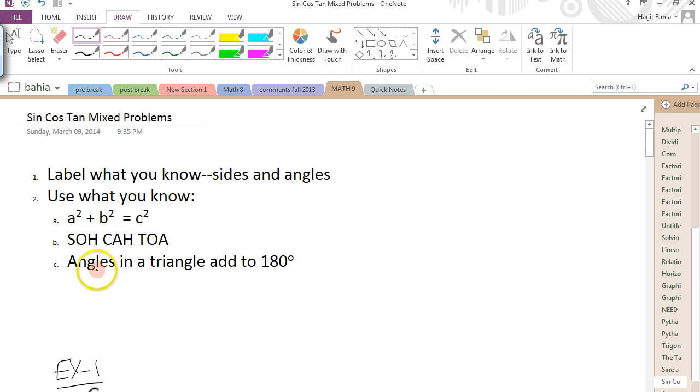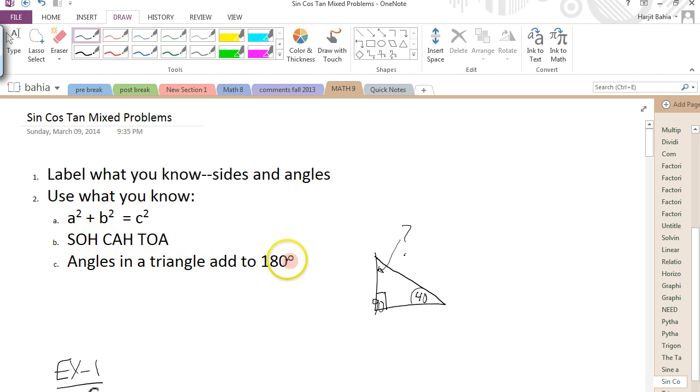It's the simple matter that the angles in a triangle add to 180 degrees. So, for example, if you've got a right angle triangle, which most of these ones are going to be, remember that boxy thing means 90 degrees. And let's say you're told that this angle here is 40, and the question gives you all this information, and the bottom line is they want to figure out this unknown angle right there. Well, you don't have to do this or that.